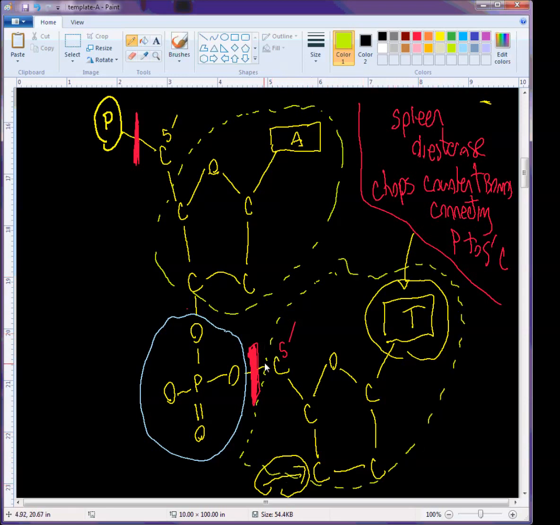So which one is the phosphate attached to? It's attached to the adenine nucleoside here. Okay, that's the answer to that one. Cool.